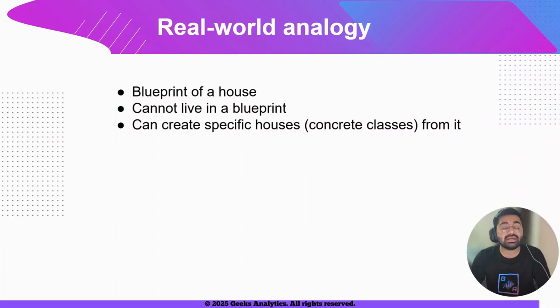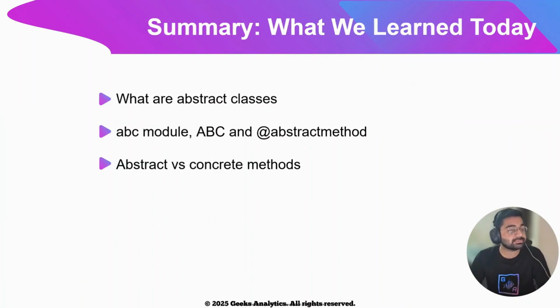Similarly, all the derived classes will follow the blueprint. Those are the ones where you actually work, and in the blueprint you can have concrete methods that the subclasses also use. This is how you can connect it to a real-world analogy.